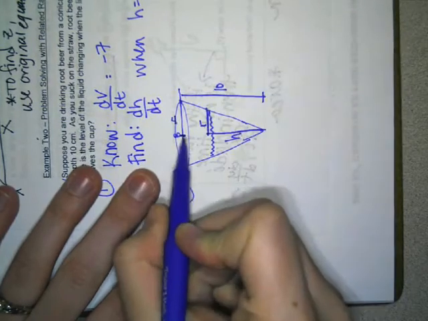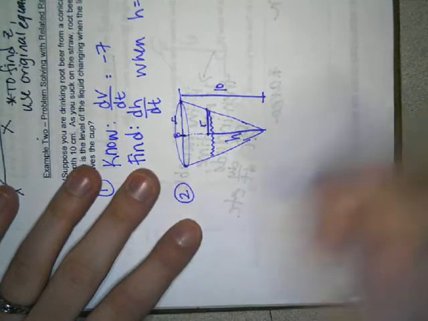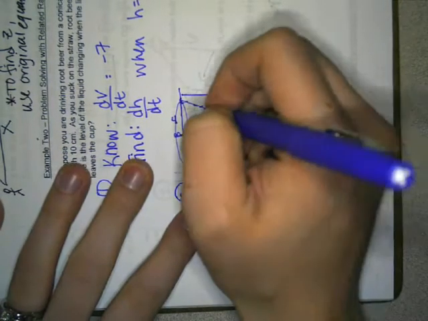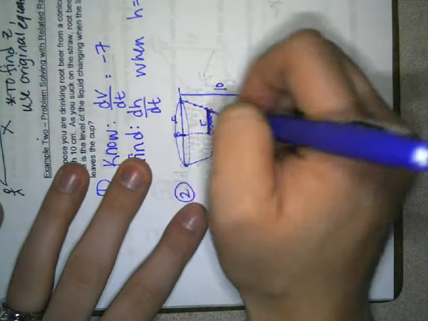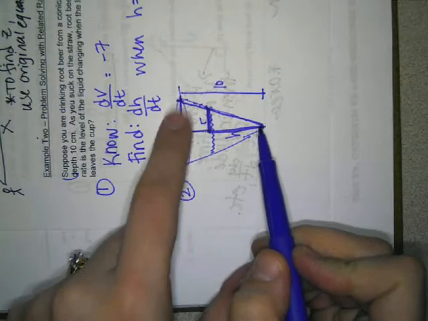Now, if I was to make a shape here that I can deal with, I have a triangle that shows up there in my picture. I also have another triangle that shows up there. One triangle represents where the root beer is, and the bigger triangle is the actual cup.